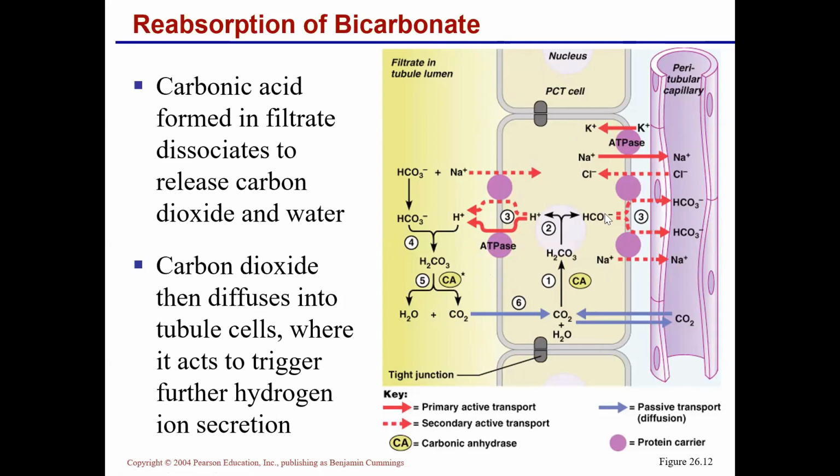Otherwise, you say, all right, so if there are too many hydrogen ions, can we just take the hydrogen ions out this way and then go directly to the filtrate? You cannot, because this basolateral membrane is impermeable to hydrogen ions. All right, so does this have any advantage for us? Yes, because this mechanism, in terms of regulating blood pH, has more steps involved.